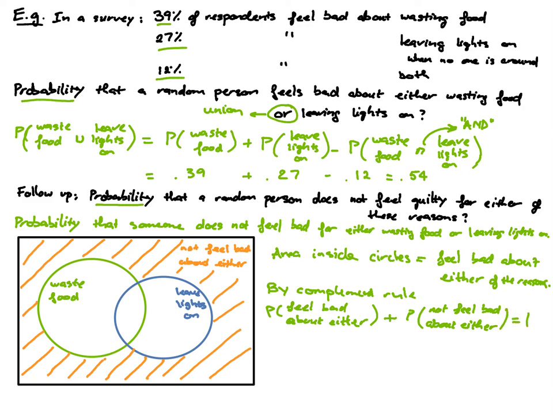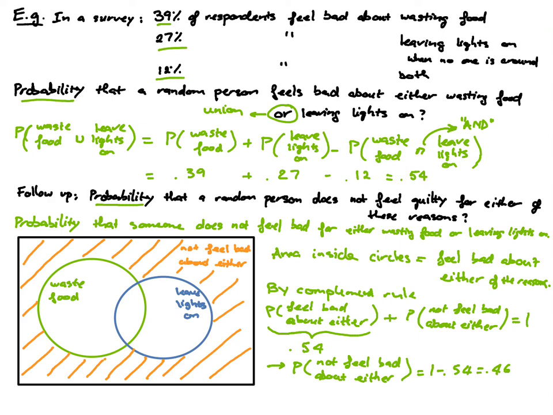But notice that we have computed the probability of feel bad about either, which is 0.54 from earlier. Right? And so the probability of not feel bad about either is just going to be equal to 1 minus 0.54, which is 0.46.